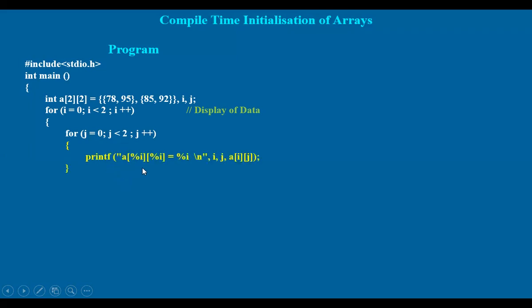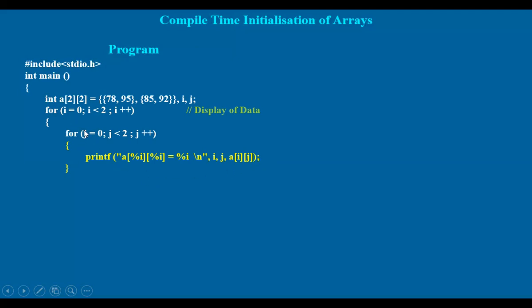So the printf statement here gives the index values of i, the row, and j, the column, and we are going to give these index values with the help of i and j. Coming to the array element values, this a[i][j] gives the element values of the array.